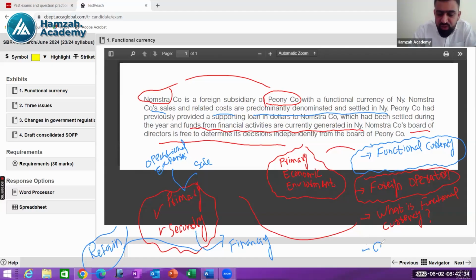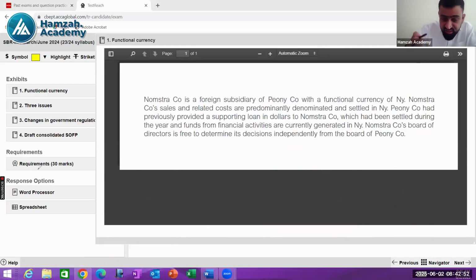So at the end, you will conclude it, and in your conclusion, you will give your opinion that the functional currency of the Numestra should be the N1, or you can say these are the reasons due to which we are concluding that the N1 should be the functional currency of the Numestra.